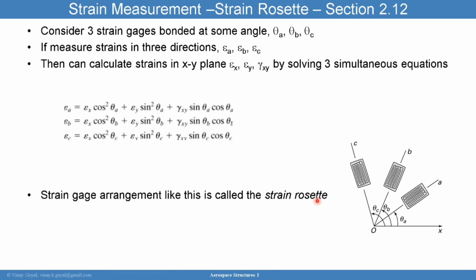And here's an example of 3 strain gauges that have been installed at an angle theta A, theta B, theta C. And what is incredible about this is that I can measure the strain along A, and I can measure the strain along B and along C using these gauges.